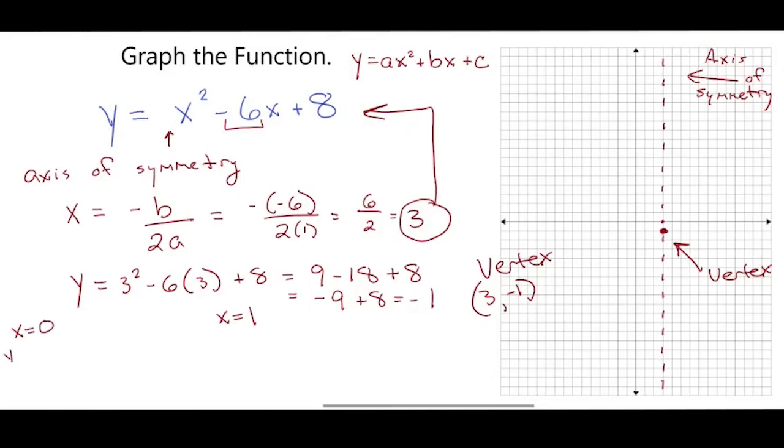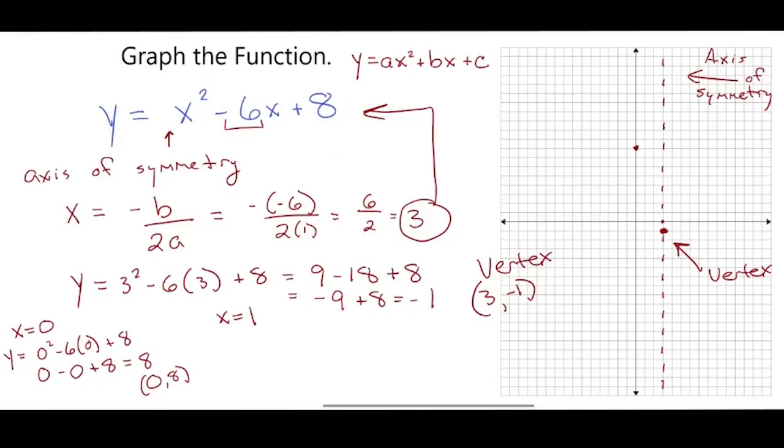So we'll do y equals 0 squared minus 6 times 0 plus 8. Well, 0 minus 0 plus 8 equals 8. So one of my points is going to be 0, 8. So I graph that point from the center. I go over 0, so I'll be straight up 8.